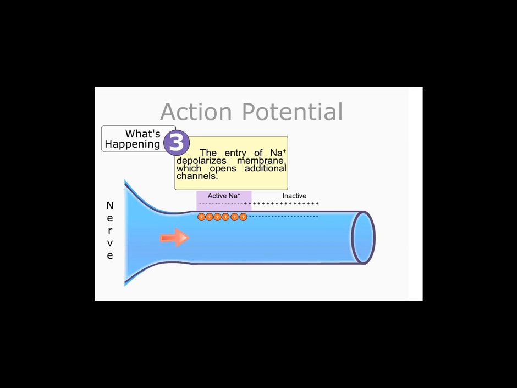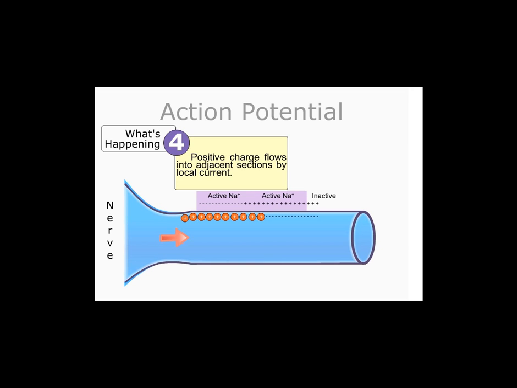As the action potential begins in this region of the axon hillock, we see that it begins to be propagated away from the hillock down towards the end of the axon, or towards the synaptic end or the synaptic knob. And this propagation of the signal is due to local current.